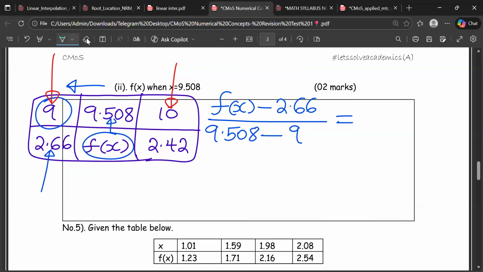So people, I'm asking, where am I supposed to have the 10 minus 9? Should the 10 minus 9 be on top or down? For the known, 10 minus 9, is it supposed to be on top or down this side? Just write it in the chat.